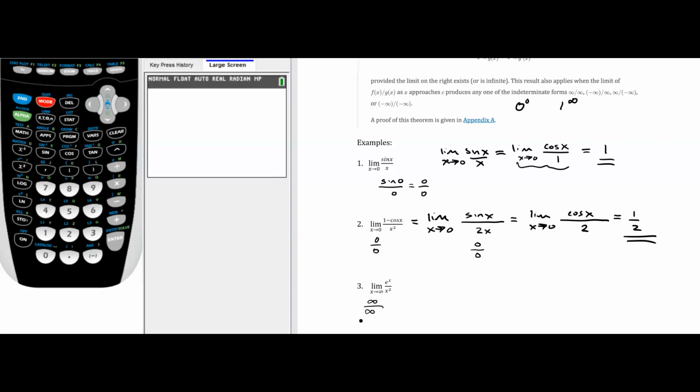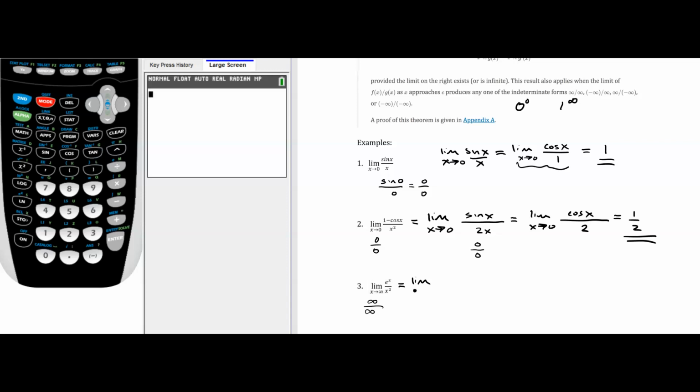A lot has to do with how fast the numerator and the denominator get to infinity. That's how I justify to myself why I can apply L'Hopital's rule and answer this limit question, by looking at the rate at which my numerator is going to infinity and the rate at which that denominator is going to infinity.